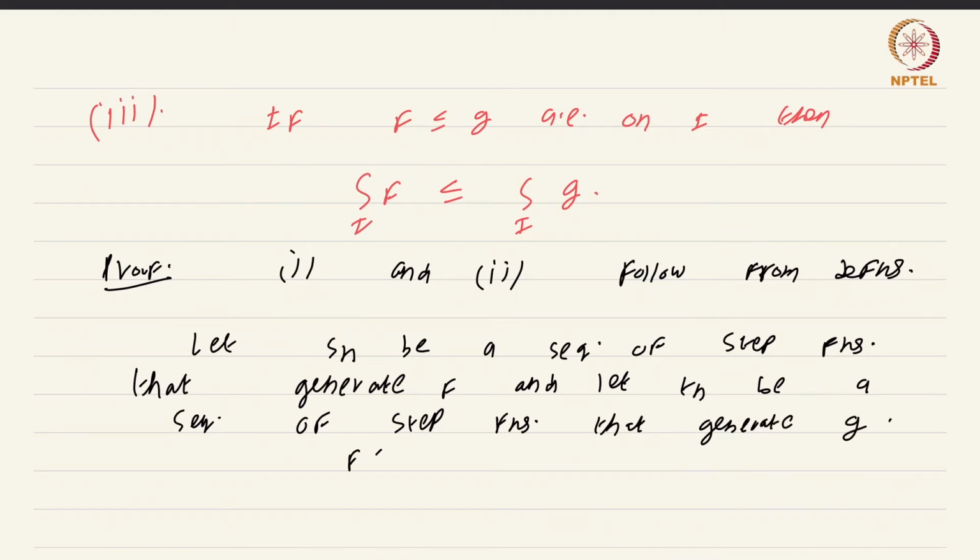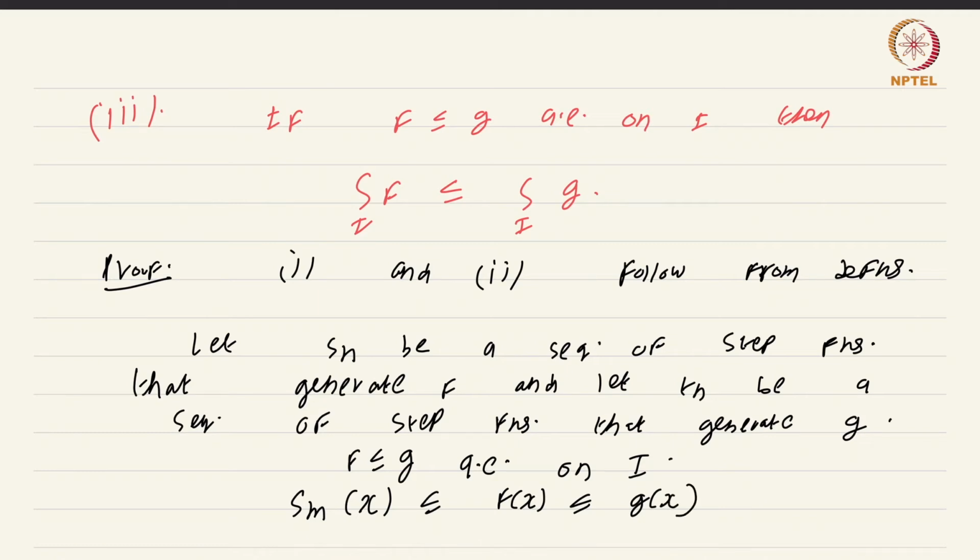Now the hypothesis is that f is less than or equal to g almost everywhere on the interval I. Okay, that means Sm of x is less than or equal to f of x, which is less than or equal to g of x, which is nothing but the limit as n goes to infinity of Tn of x, and these inequalities and equalities are true almost everywhere.